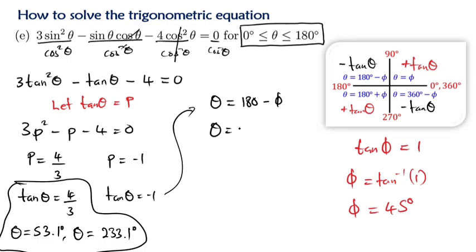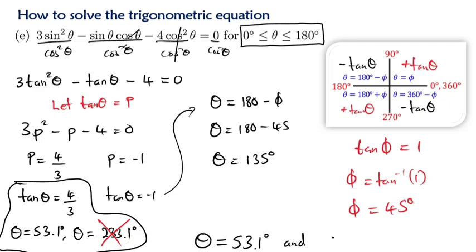So theta is equals to 180 minus 45, that's the reference angle. So theta is equals to 135. This means that the answer 233.1 will be discarded because it's beyond 180. So theta only has two solutions, in the first quadrant and in the second quadrant.